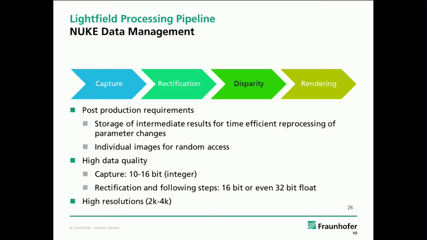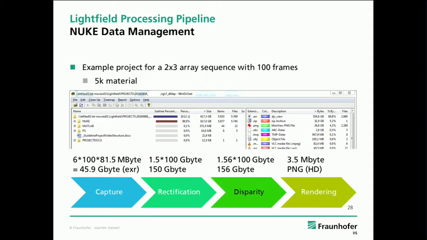Okay, at the moment we work with different camera setups. We capture with 10 up to 16-bit. We work in the rectification and following steps with 16-bit or floating point. We have resolutions for the camera arrays from 2K to 4K. Here is a calculation for a small camera setup with 6 cameras for 100 frames. This is 5K material.